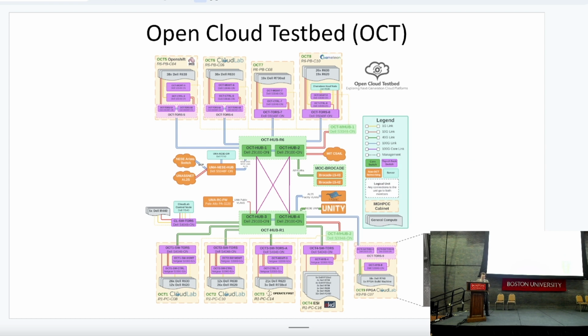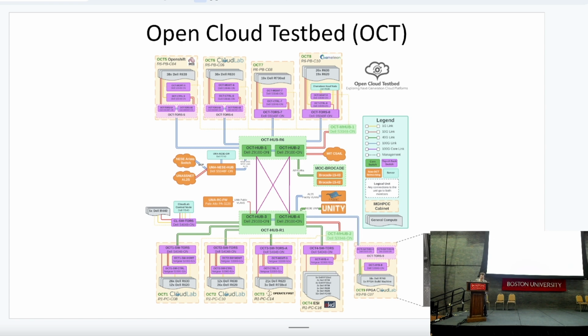Okay, so in the Open Cloud testbed, that's pretty much what we're doing. You may not have seen this picture if you've been here both days. You've seen this a number of times. This is all the different racks in the Open Cloud testbed. Like I said, I'm an FPGA person, so the piece that's on the bottom left is where the FPGAs are.